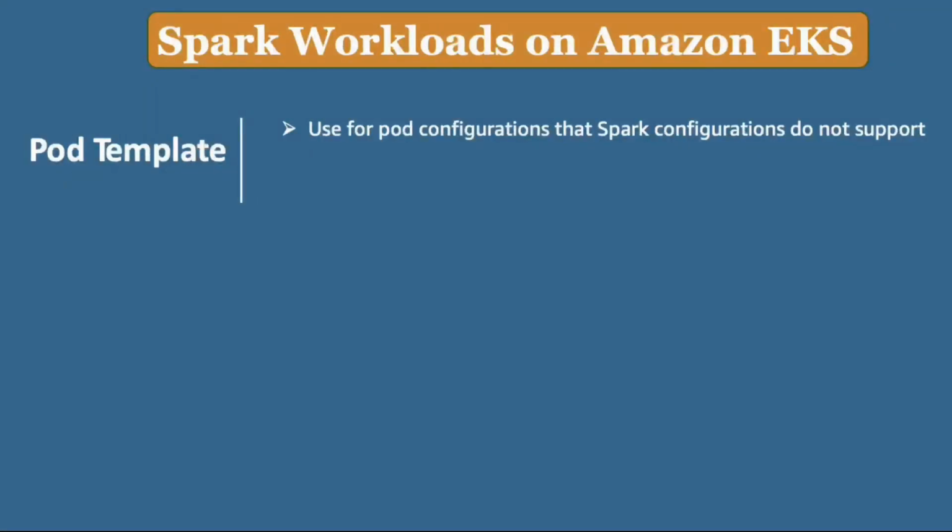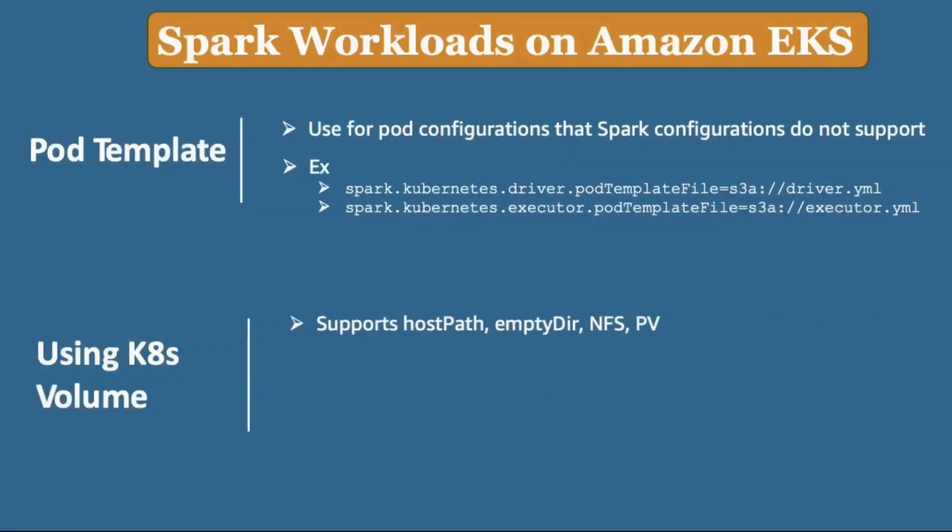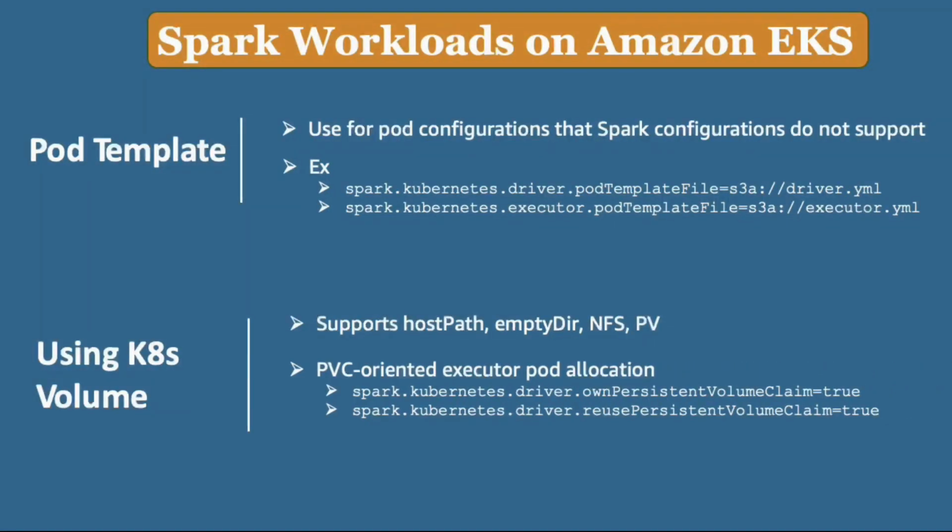But if some of the configuration is not possible through the default Spark configuration, then we can use the pod templates to provide some additional customized configuration. So we can have a dedicated template for the driver as well as the executor pods, and these can be hosted in S3. And Spark allows multiple options for configuring the volumes for the Kubernetes pods. You can use the host path, empty directory, NFS, or the PV.